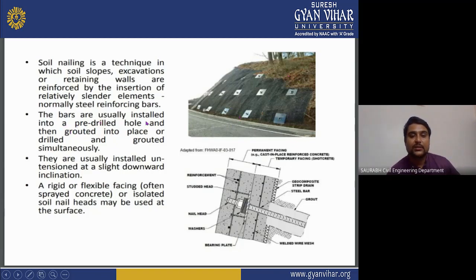The bars are usually installed into pre-drilled holes and then grouted into place, or drilled and grouted simultaneously. They are usually installed untensioned at a slight downward inclination. The rigid or flexible facing or isolated soil nail heads may be used at the surface.